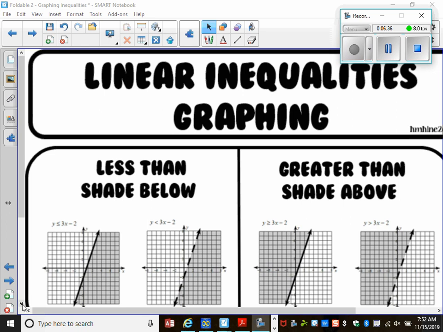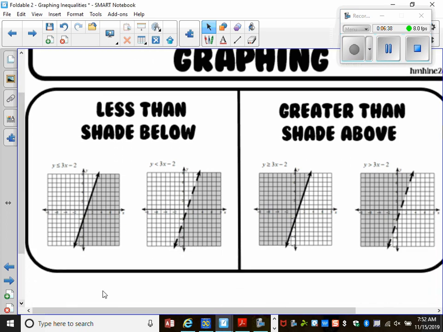Now you're going to be graphing these inequalities on a coordinate plane, and I'm sure some of you are familiar with shading. Here it says if it's a less than symbol, whether it's less than or equal or just less than, you're going to be shading below the line. Now, the difference between these is one line is solid and one line is dashed.